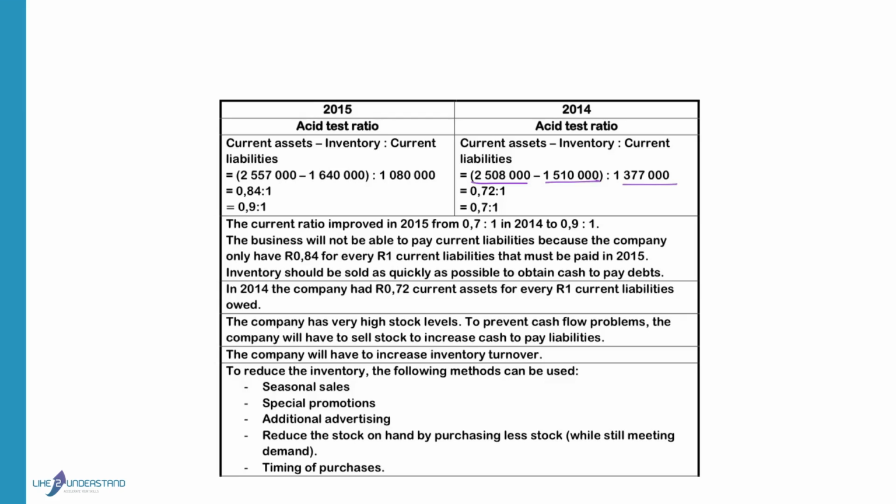The asset test ratio gives us 70 cents assets for every R1 that's owed. If we look at 2015 and we take the current assets, subtract the inventory that's available at the end of 2015, it will give us a ratio of 0.91 to 1. That means we've got 90 cents for every R1 that we owe.